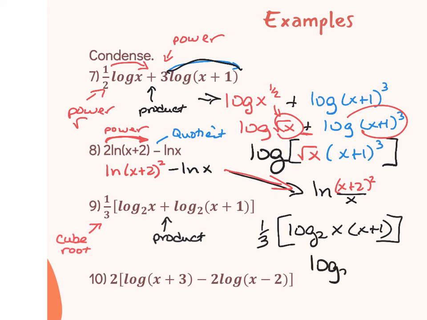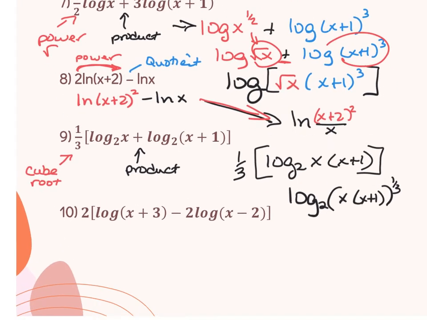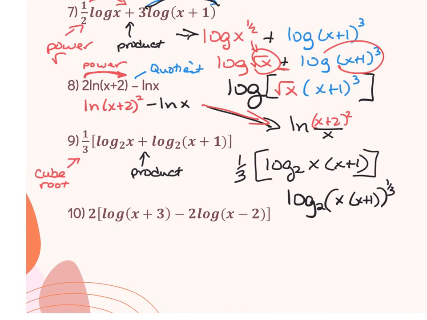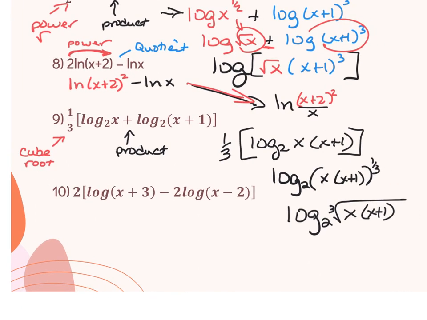So log base 2 of x times x plus 1 to the 1/3. And then now turn it into a cube root. x times x plus 1 under a cube root. And that would be your final answer for number 9.